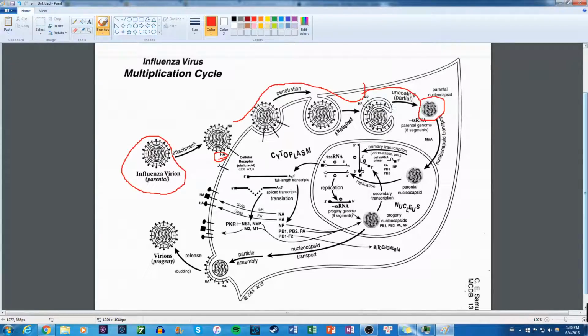Up until this point, we had learned about the other viruses. Polio multiplied in the cytoplasm, and so did Rhabdoviridae, and then the other two could have taken place in the nucleus.